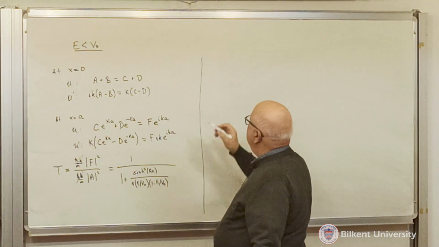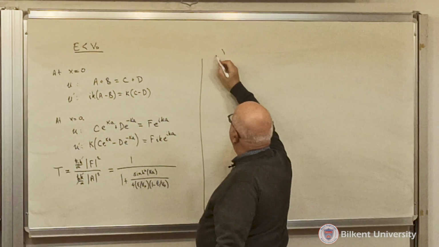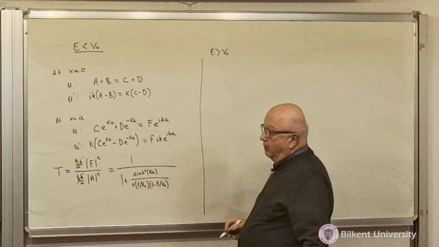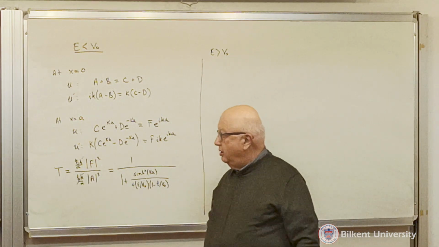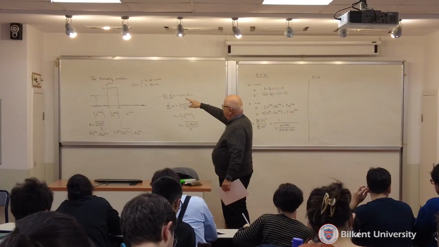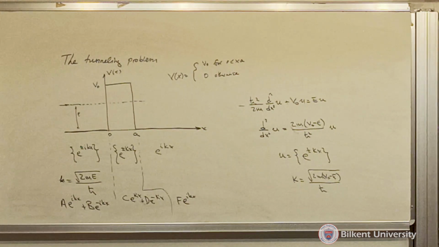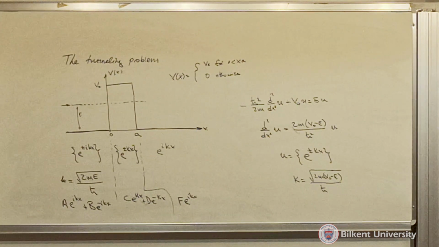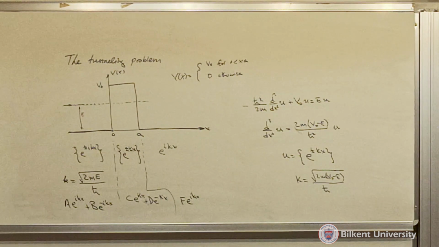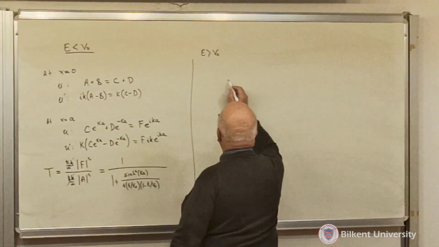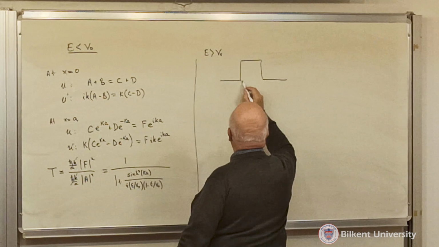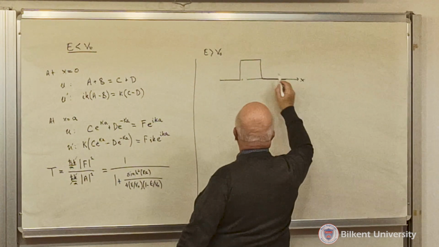What happens if E is greater than V0? If E is greater than V0, the only change in the type of solutions that we get are going to be in the middle. So let me just redraw this shape again as a function of x.